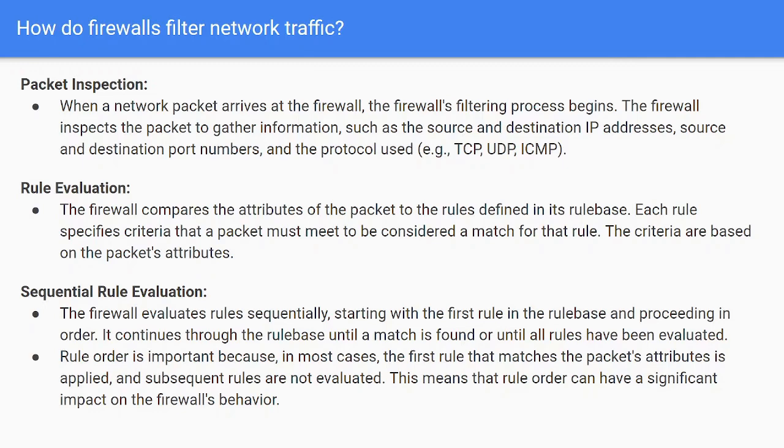It is very important to note that the first rule that matches a particular firewall event will be applied, and in most cases, not in all cases, the subsequent rules might not be applied. So rule order is very important. If you want a particular rule to apply to this event, you need to ensure that it is stated first.